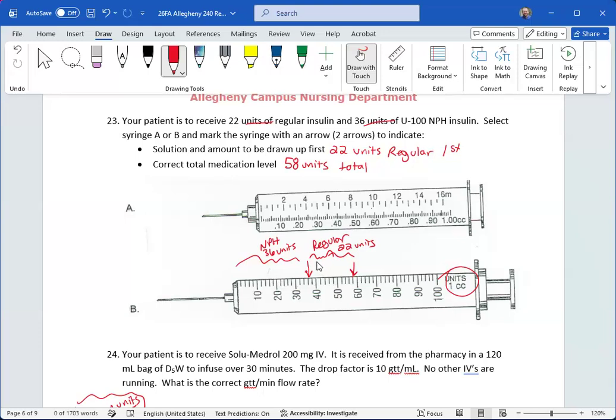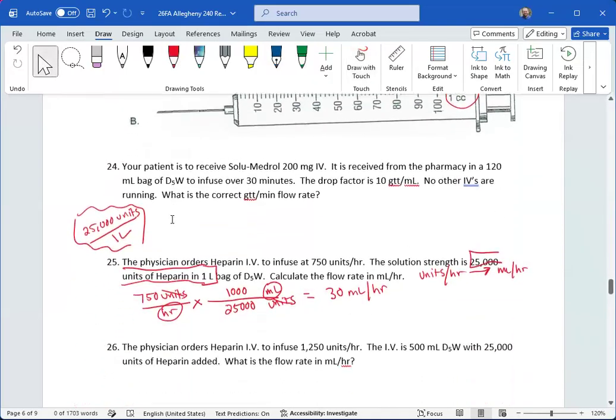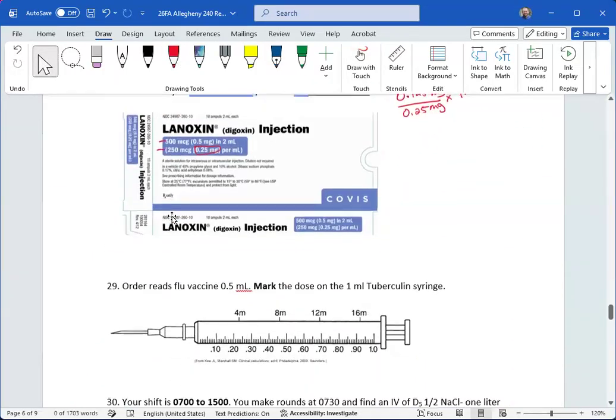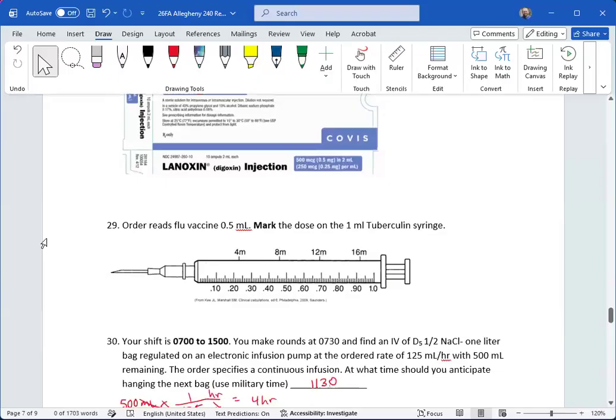Oh, okay. Yeah, so 29, you're just going to mark the syringe. Keep in mind, these little M's are not milliliters. This whole syringe is 1 milliliter. You'll notice that it's not listed there, but that's what it's telling you, that this is a 1 ml tuberculin syringe.